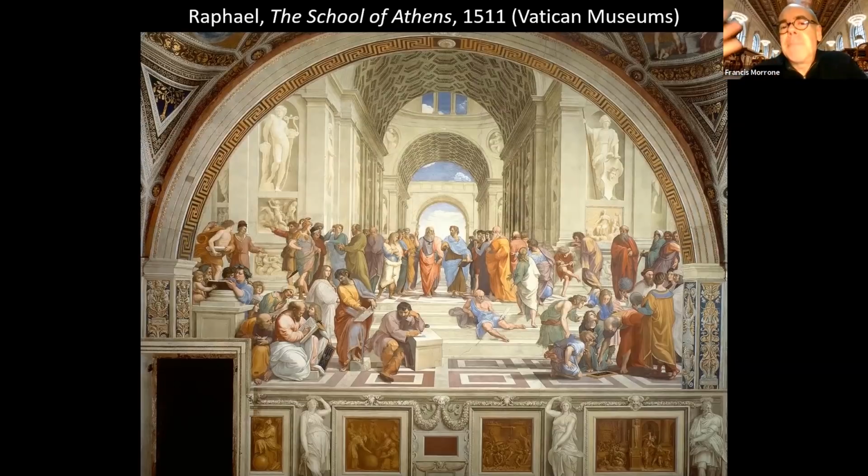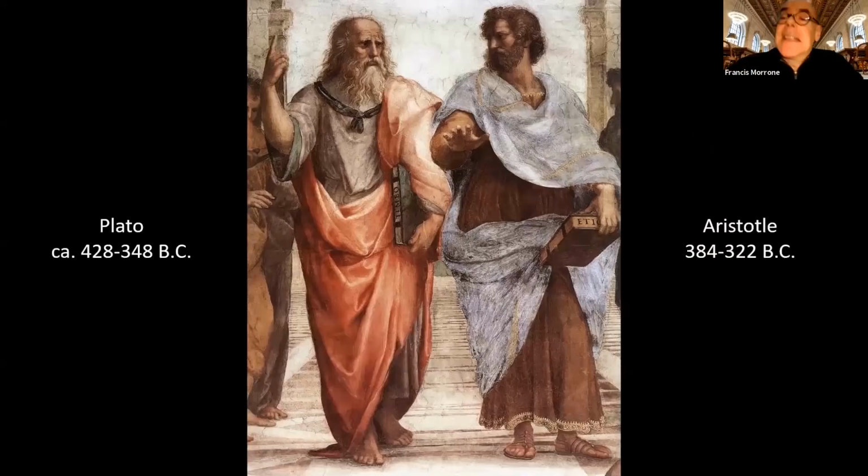There is a close-up showing the two giants of Greek philosophy, the two giants, indeed, of Western philosophy, Plato and Aristotle. It was the British philosopher Alfred North Whitehead who said, all philosophy since Plato is but a footnote to Plato.